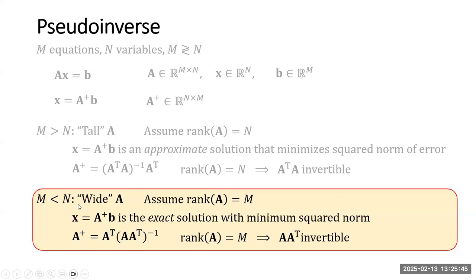And the rank of A has to be the minimum of the two, and A A transpose will be invertible. If m is 10 and n is 100, then A A transpose will give you a 10 by 10 matrix, and that will be invertible.